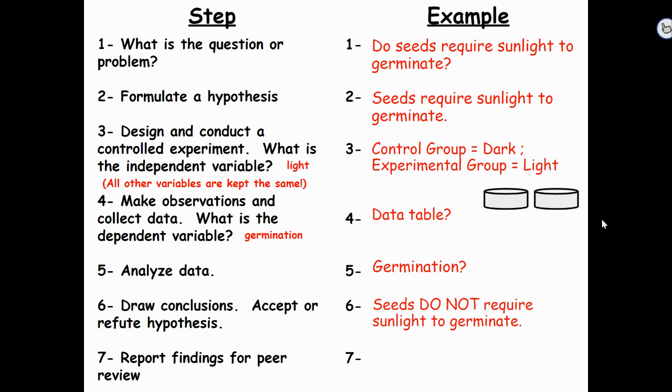And if you do this, you'll see that, yes, even the seeds that are in the cabinet, in the dark, will germinate and start to grow. Now, once they break the surface of the soil, then yes, you're going to need to keep them in sunlight in order for them to continue to grow. If you keep them in the dark, that will inhibit their growth. But we're just talking about germination, the starting process of the seed growing, right?